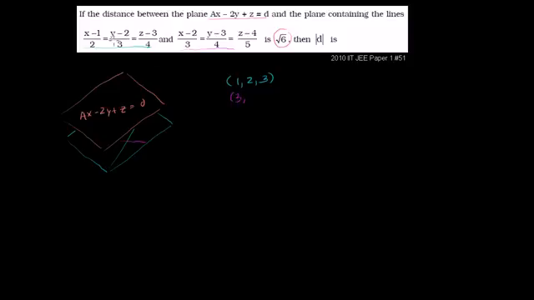If I want this to evaluate to 1, I would want 5 minus 2 over 3, so 3, 5. And then I would want this to be 7. 7 minus 3 over 4 is also 1. So that's another point. Actually, both of these points sit on this line right over here, 1, 2, 3, and then 3, 5, and 7.